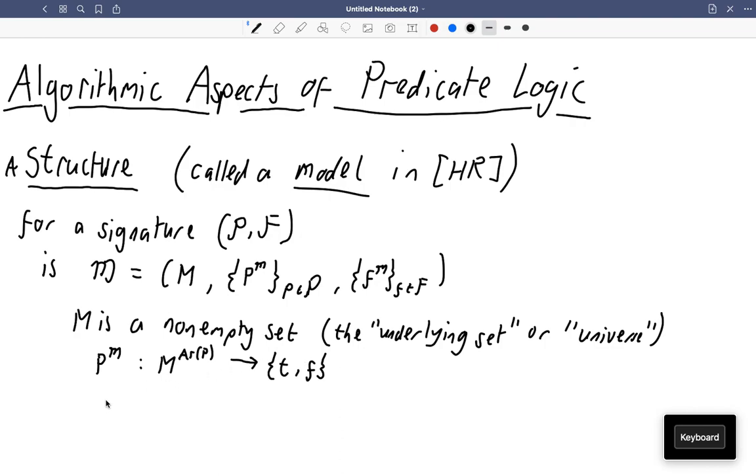And for the function symbols, again, we have an interpretation of every predicate symbol and an interpretation of every function symbol.